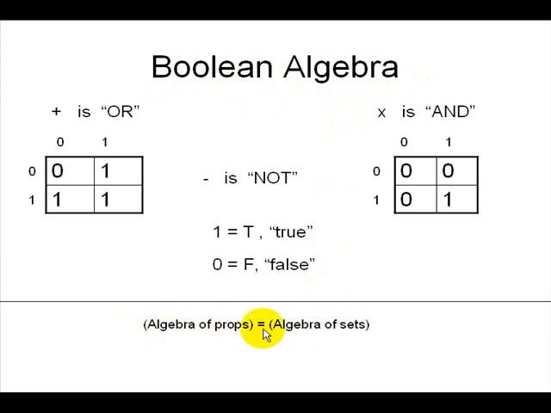So if you replace proposition by set, and the true proposition by a given universal set, the universal set would be the true proposition. The false proposition would be the empty set. And then you can replace the addition by union of sets, and multiplication is nothing but intersection of sets, and negation is nothing but complement relative to this universe.